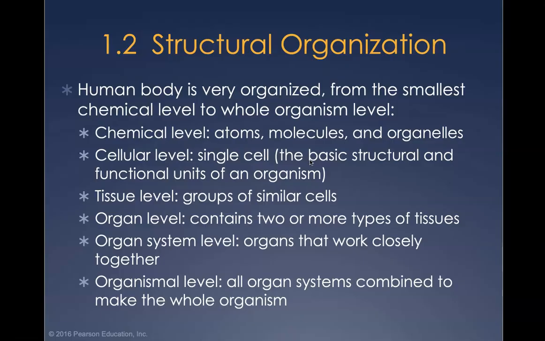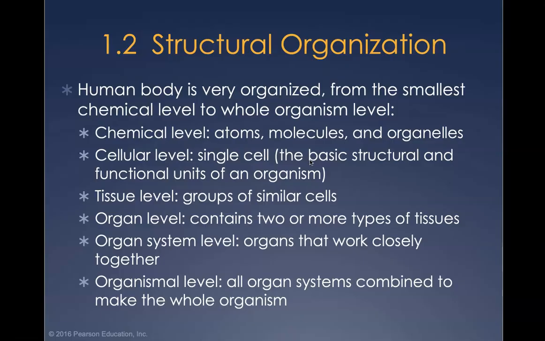Then when you put two or more types of tissues together, functioning for a common purpose, you're going to be at the organ level of organization. And then when you put multiple organs together, those organs are going to work together to form an organ system.